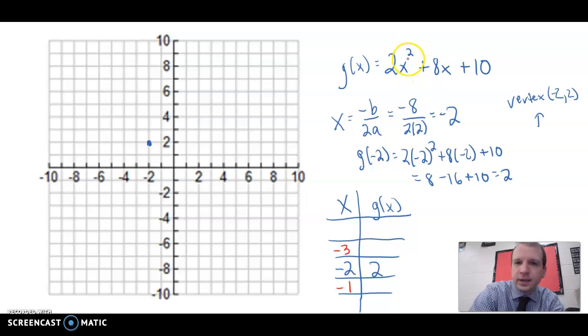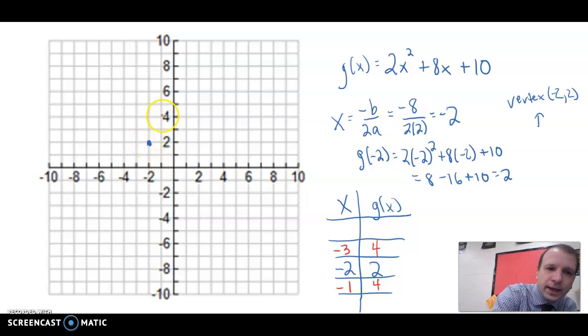Plugging it into the function, I'll have -1 squared, that's 1, times 2 is 2, plus 8 times -1, that's -8, so I've got 2 minus 8, which is -6, plus 10 is going to give me 4. So I should have values of 4 for each of those. So go to (-1, 4) and (-3, 4).